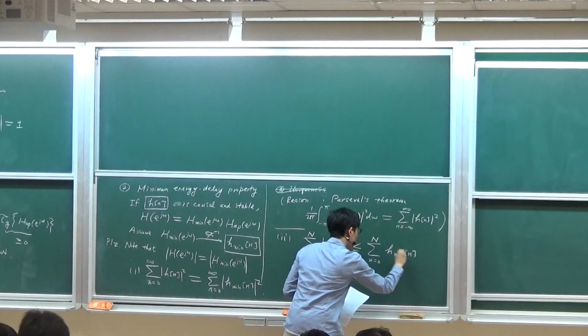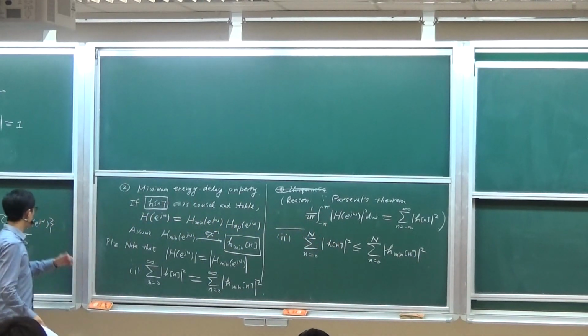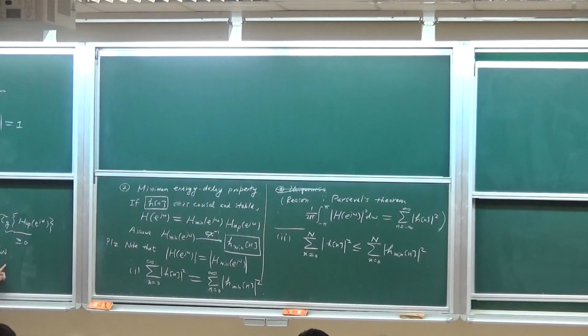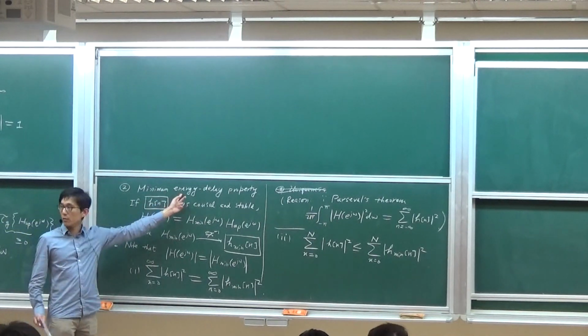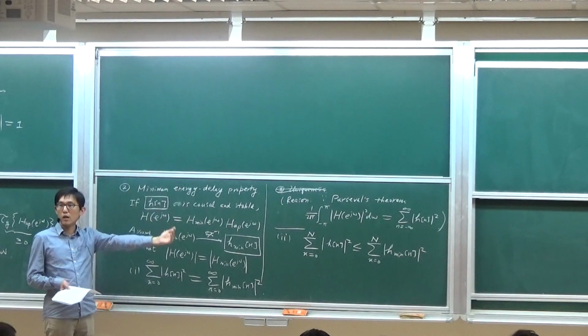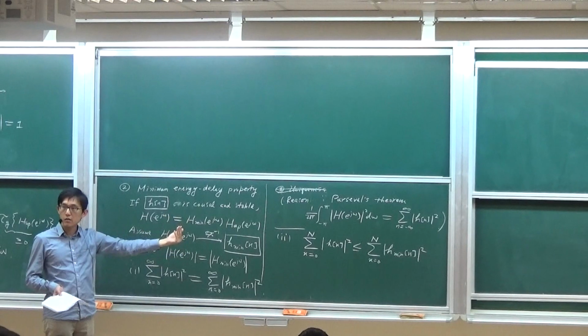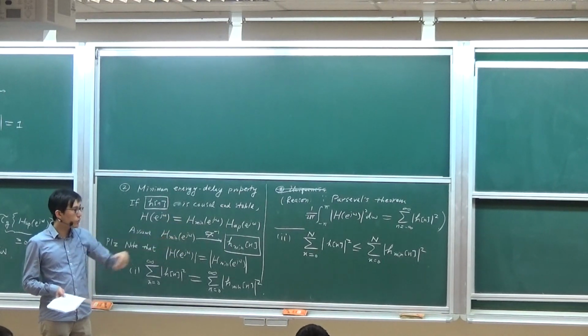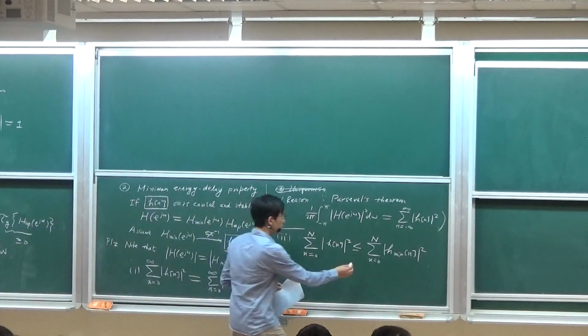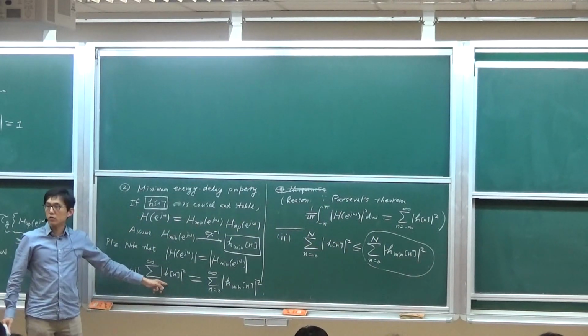And this is an interesting property in parallel to our previous property. This system not only has a minimum group delay, but also when we talk about the energy delay property, we calculate energy from time 0 to the time big N. Then for any stopping time N, we look at the partial sum, and we find that the minimum phase part has the largest sum, even though at infinity they approach the same total energy.